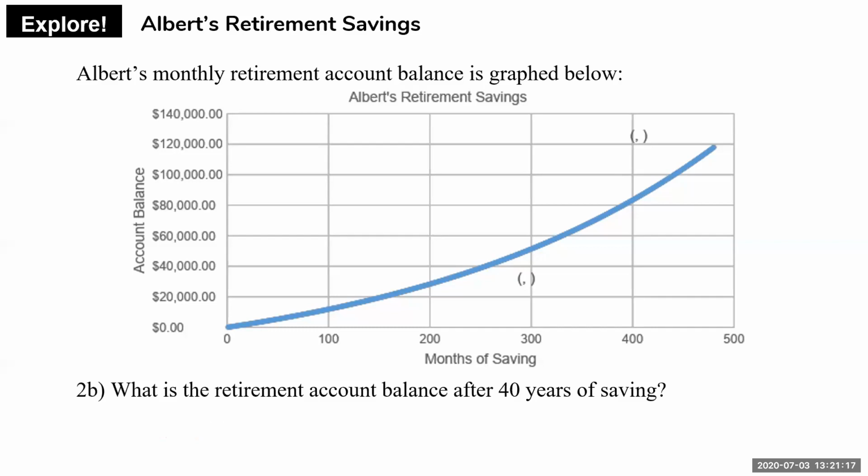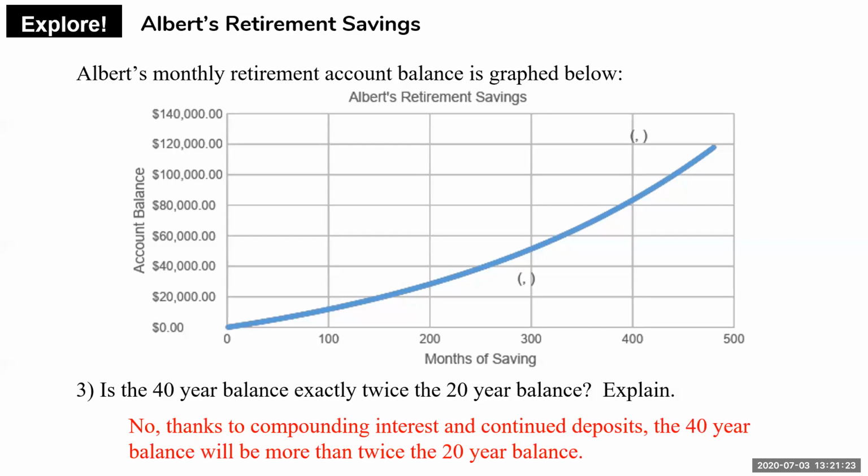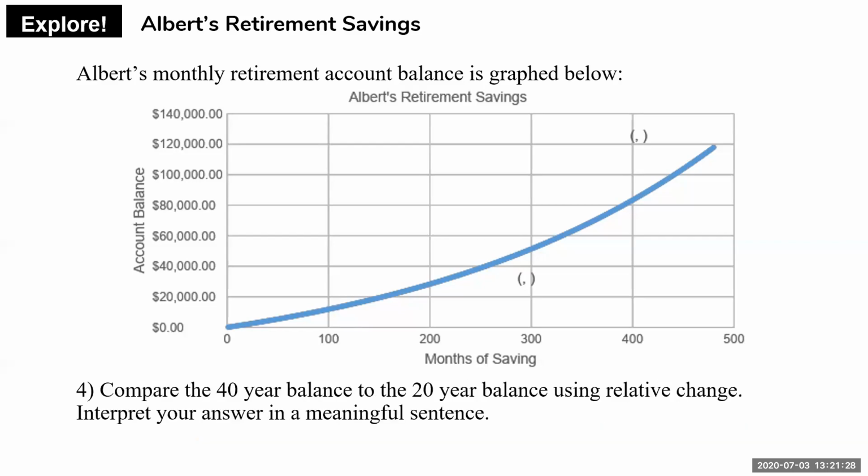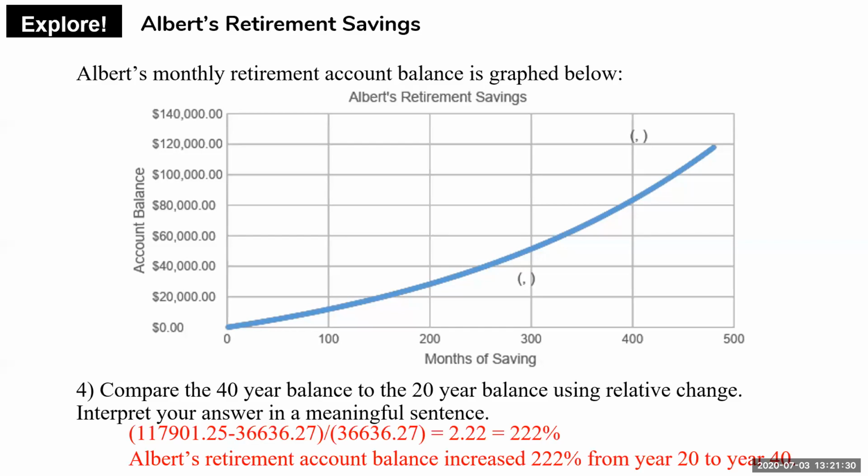Okay, nice. And what is the retirement account balance? Okay, and that is that. Is that right? Sweet. And we are just doing the relative change. Albert's retirement account balance increased 222% from year 20 to the 40th year.